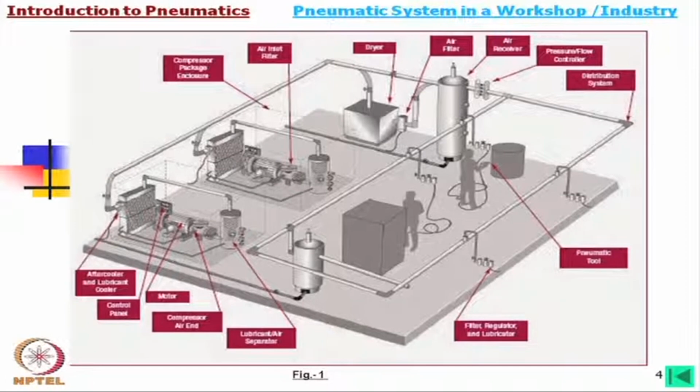As I told, if air is being utilized in such a way and you use a single compressor, then it has to run continuously. That is not permitted, looking at the life of the compressor, because during such a process huge air is generated.